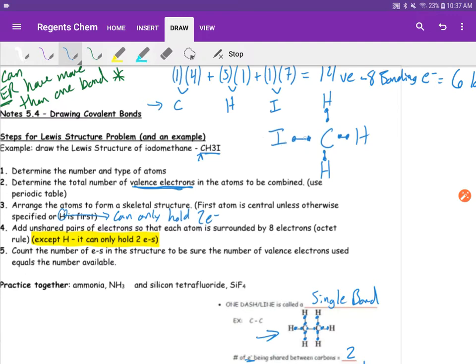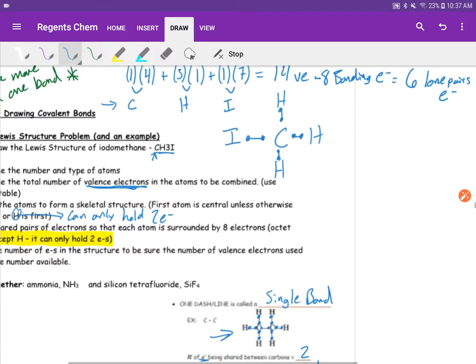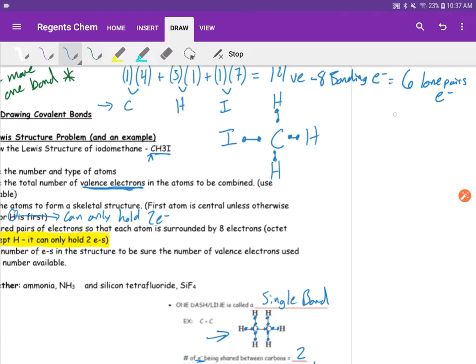Iodine is the one that only has 2. How many more does iodine need to get to 8? Well, 2 plus 6. Oh, look, I happen to have 6. So I'm going to subtract those out. Those are going to be used as lone pairs around iodine, which then means all of my electrons have been used up. I have 0 left, and every single element here in my structure now has a stable octet, or in hydrogen's case, a duet because it has just 2.